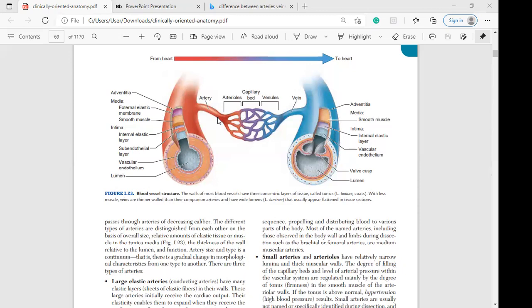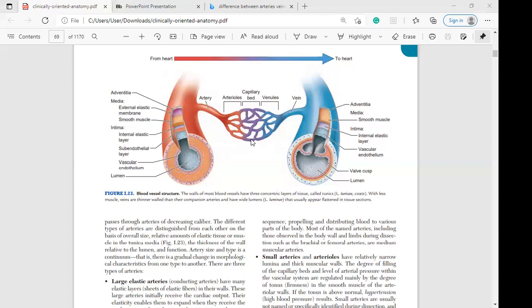Now, the question is, why do you think this capillary doesn't have a tunica media? What does the tunica media contain? The smooth muscles, yes. And what do you think is the function of these smooth muscles?